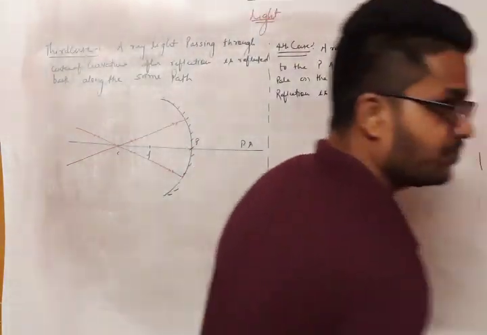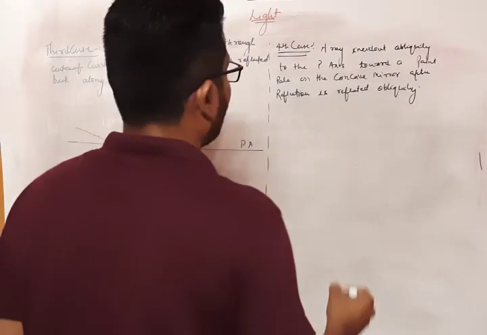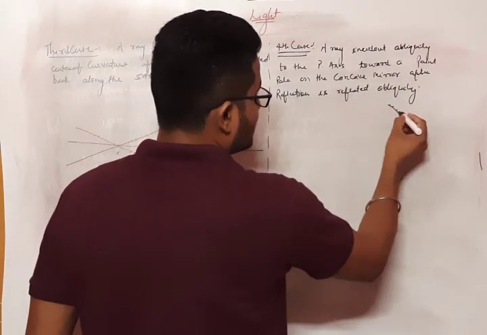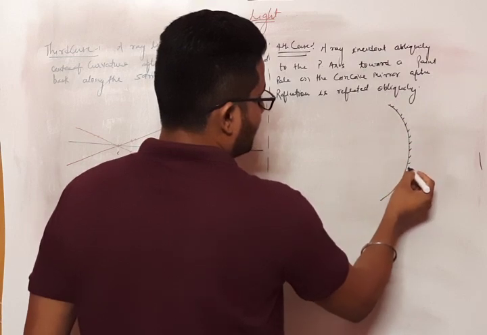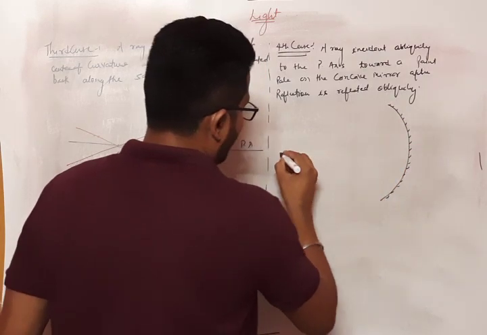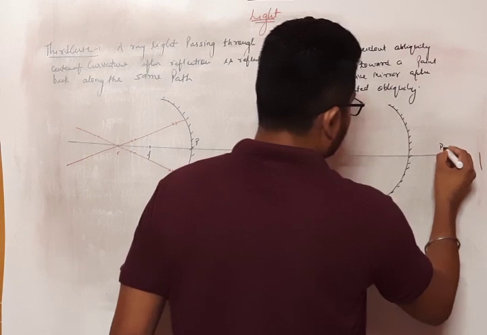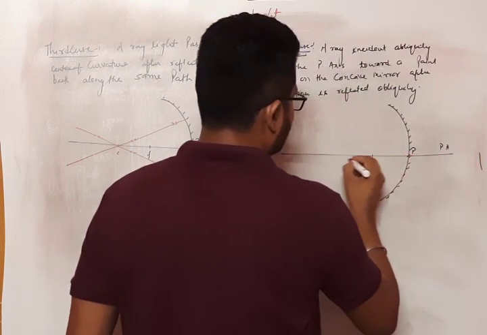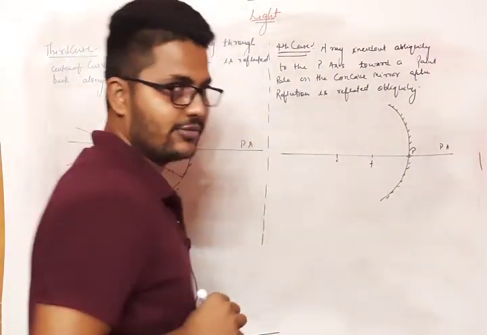What is it saying? So first of all, draw a concave mirror like this, and draw the principal axis. This is the pole, this is the focus, this is the center of curvature.